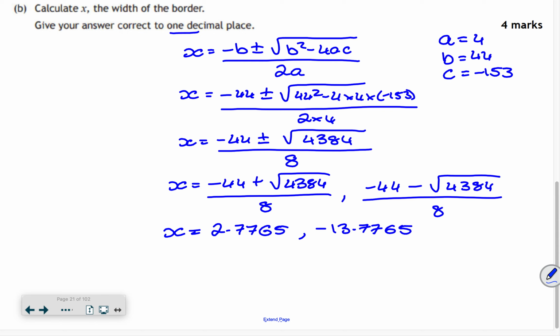It wants it to one decimal place, so we can say therefore x is approximately equal to 2.8 or minus 13.8.